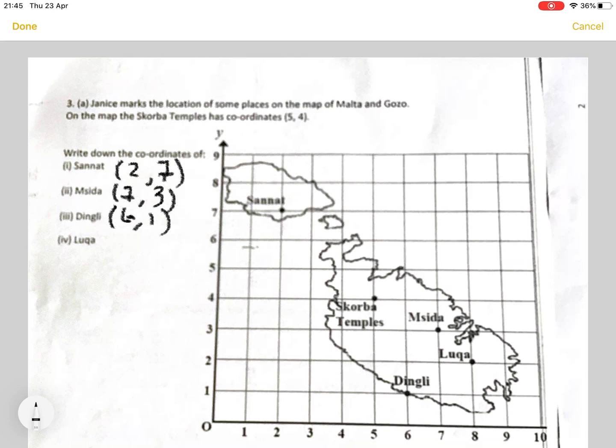The Luqa coordinates. To arrive at Luqa, we must move 8 units to the right and 2 units up. So the x-coordinate is 8, whereas the y-coordinate is 2. So the coordinates of Luqa are 8, 2.